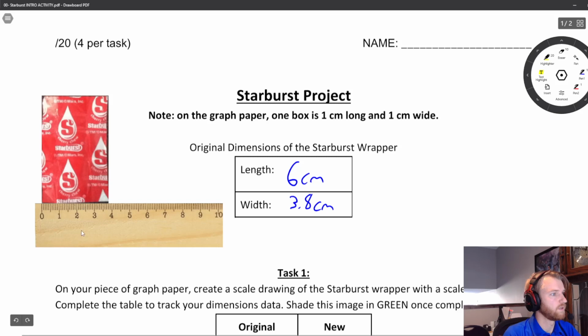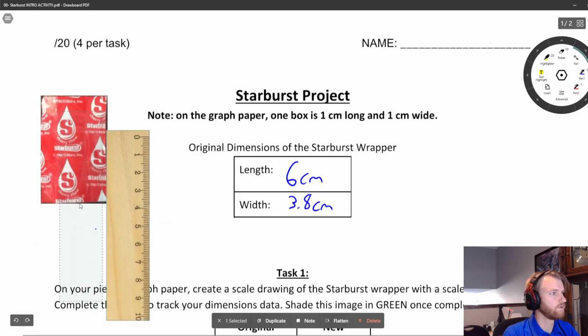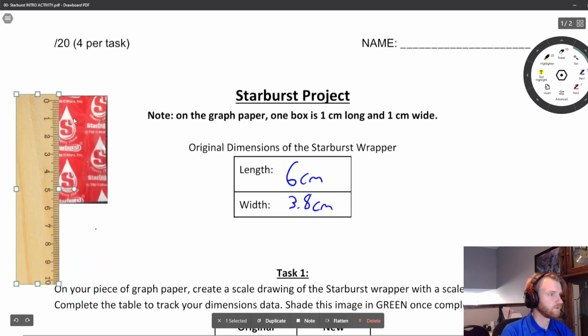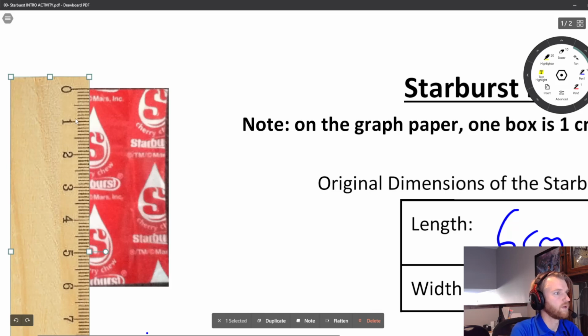So let me give you an example of how specific I mean. If I was going to draw this drop symbol on there, the first thing I'm going to do is figure out how far it measures off the top. So it measures 0.5 centimeters away from the top. I'm going to zoom in here a little so you can see better.